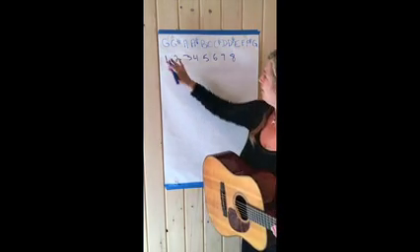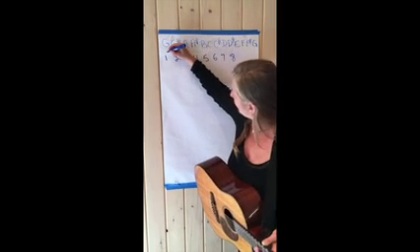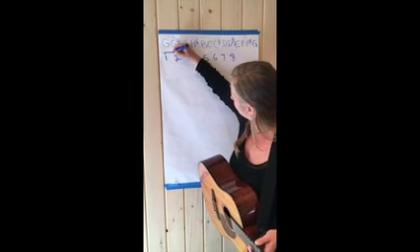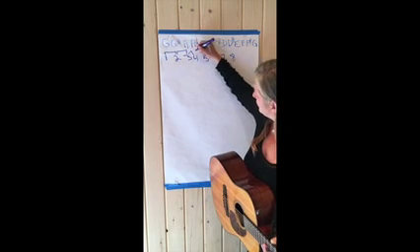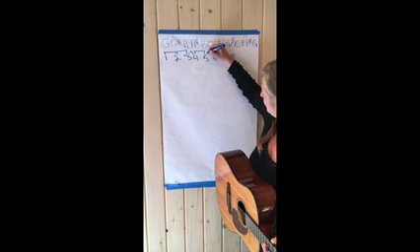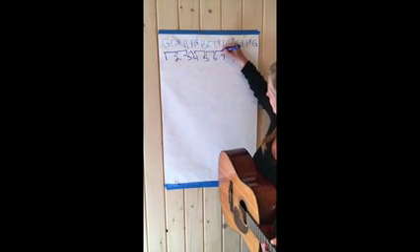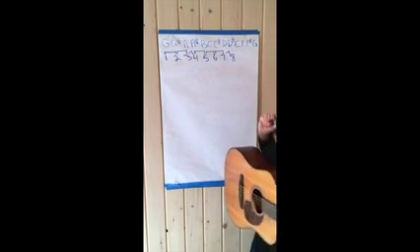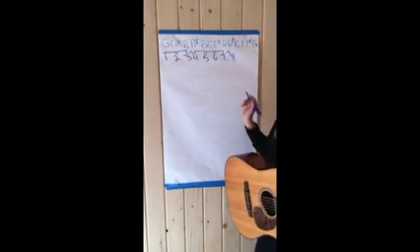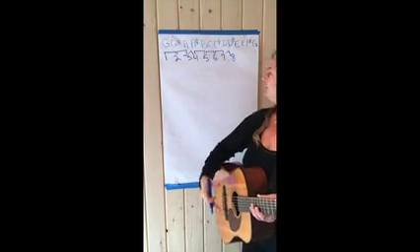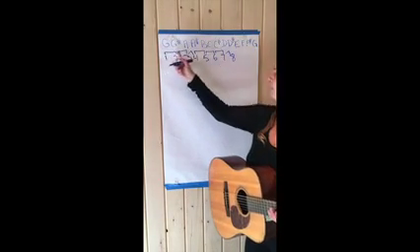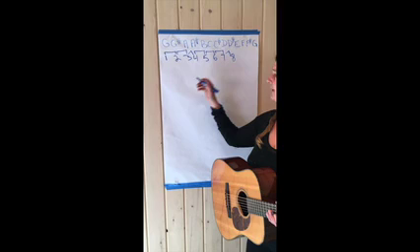How all major scales are made up is tone, tone, semitone, tone, tone, tone, semitone. No matter what note you start on of your instrument, if you go 2 frets, 2 frets, 1 fret, this pattern is a major scale.